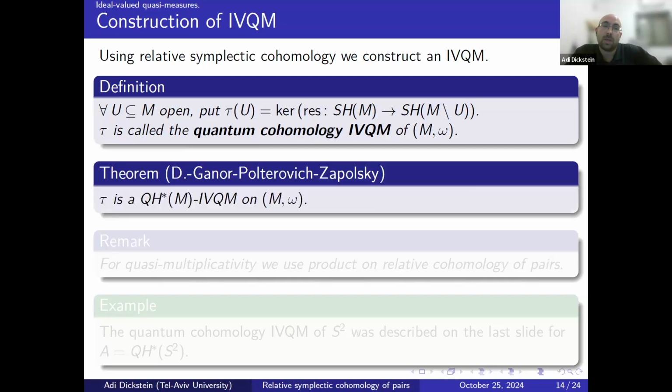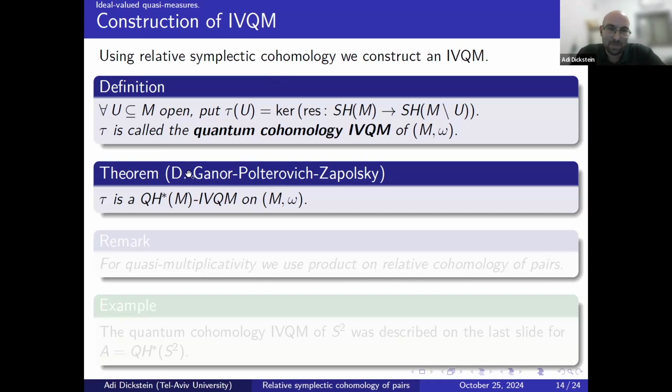What we proved is that this object is actually an IVQM with respect to the quantum cohomology of the manifold. Here I'm cheating a bit, since we have to use a kind of regularization process to get continuity with respect to increasing unions, so we had to use some unions and intersections of this object, but this is the heart of the construction. You can think about this formula, and for this talk it is very good to remember it.